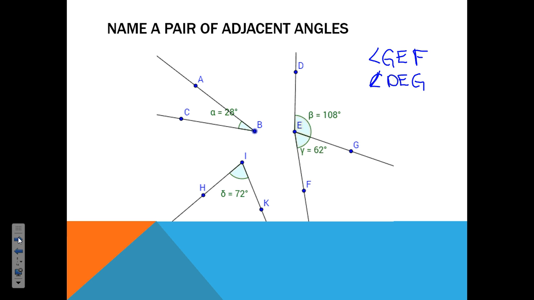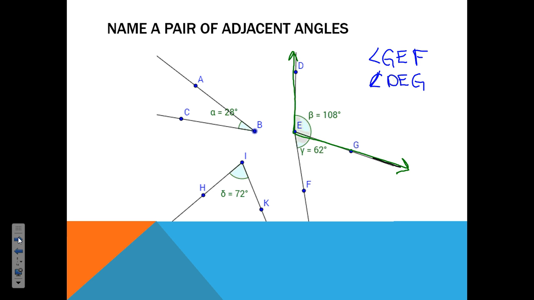Okay, does everybody understand adjacent angles? No? Okay. Adjacent angles are two angles that have a common ray, a common side, but they don't have any common interior points. So there's my common side. This is one angle with that common side.